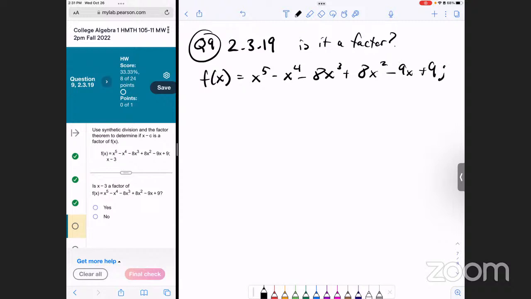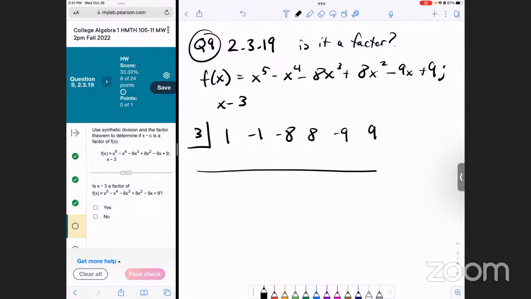We want to know when that's divided by x minus 3. So that means 3 goes in our chair. Our coefficients are 1, negative 1, negative 8, 8, negative 9, and 9. We started with degree 5. We should have 6 coefficients, 1, 2, 3, 4, 5, 6. So we're in the clear there.